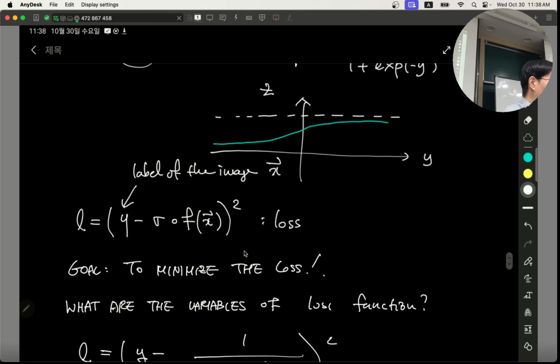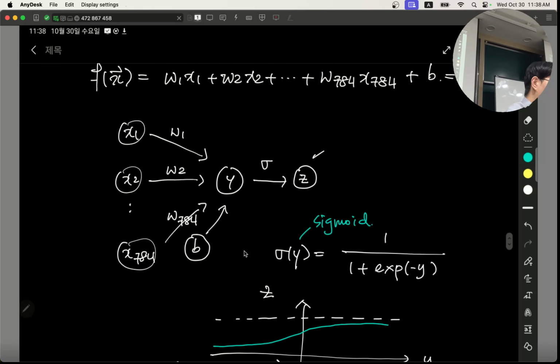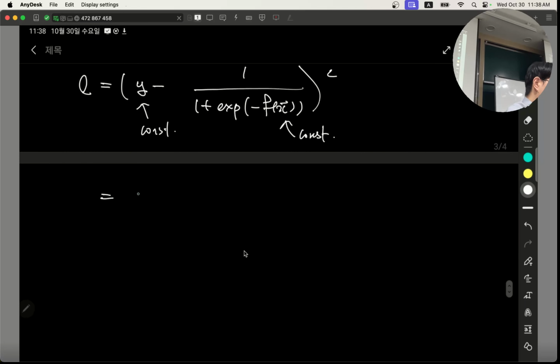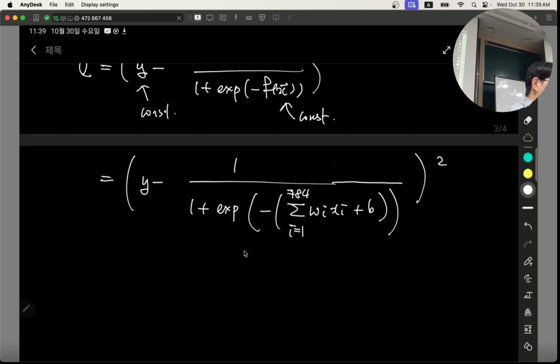So actually we missed these variables in our notation of the function. We missed all these variables, W1 to W784 and B. So what is actually here is 1 over 1 plus exponential of minus the sum of Wi xi, where i goes from 1 to 784, plus b, squared.